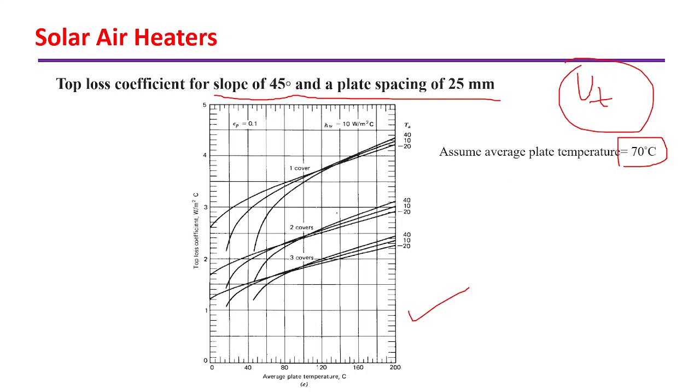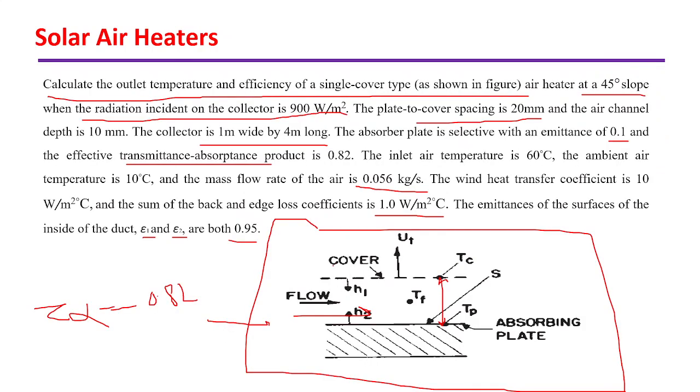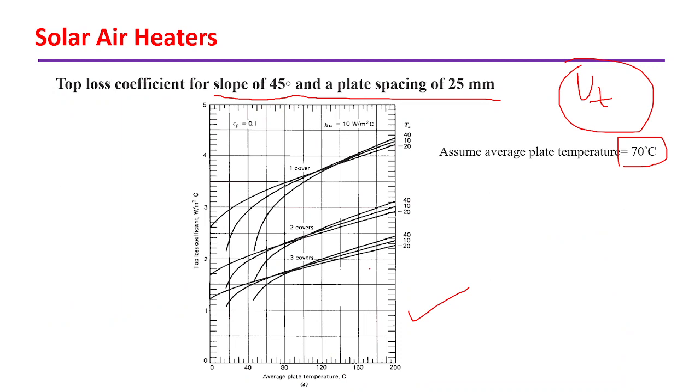The second thing, this is a single cover type system. If you see, there are three plots here: one cover system, two cover system, and three cover system. The average plate temperature is given as 70 degrees centigrade, and we have to identify the top loss coefficient.